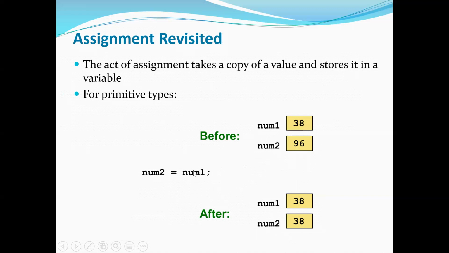After we assign num1 to num2, we are giving the value 38 to num2. num2's value changes to 38. That is for primitive types. So we say the act of assignment takes a copy of a value and stores it in a variable.